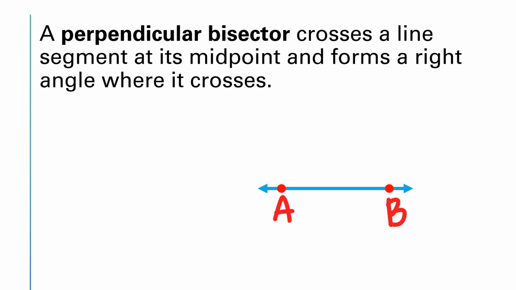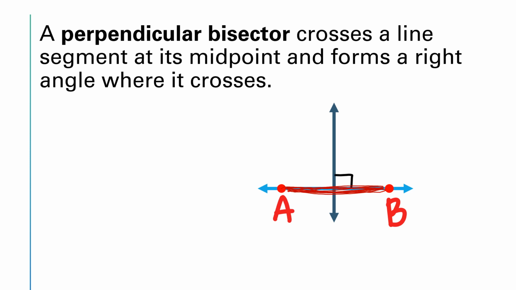So a perpendicular bisector would be a line that is crossing this line segment at its midpoint, and it's going to form a right angle where it crosses.